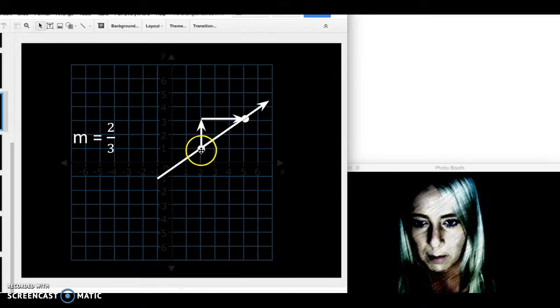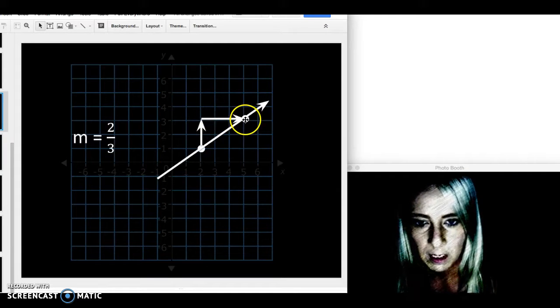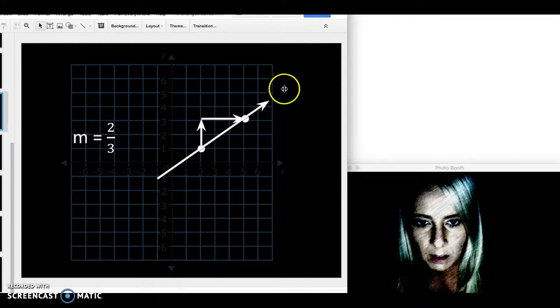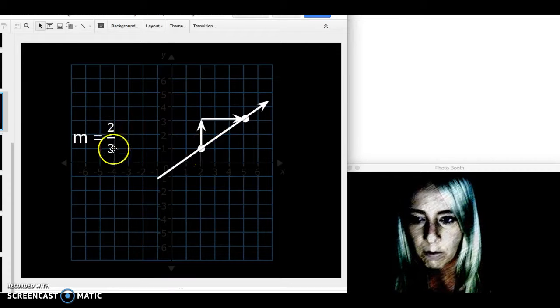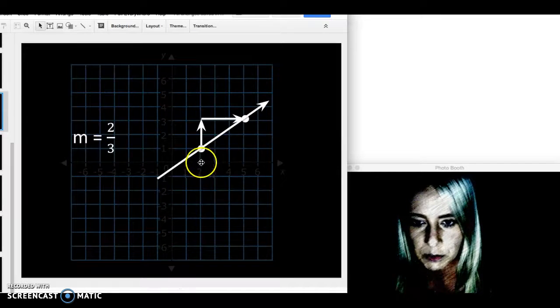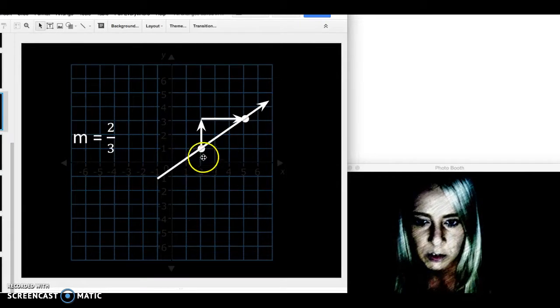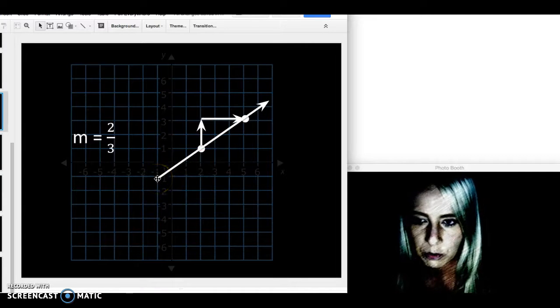So I'm going to start at my point and rise 2, run 3 to get my next point. Again, I can rise 2, run 3 to get a third point. Or if both numbers are positive, you can also make both numbers negative, because a negative divided by a negative still gives you a positive. So if I go down 2 and over 3, I can also graph another point.